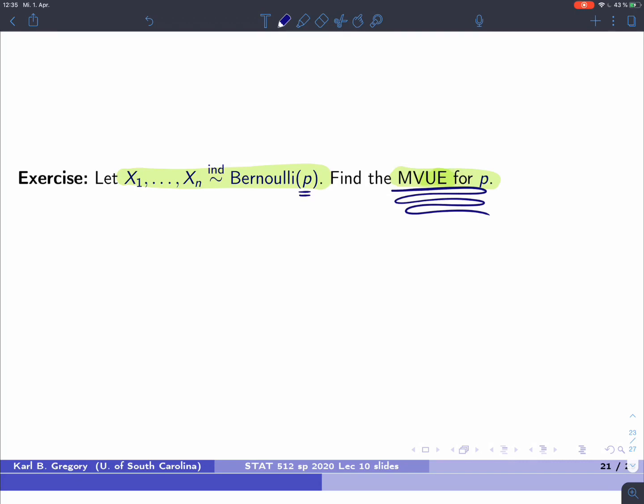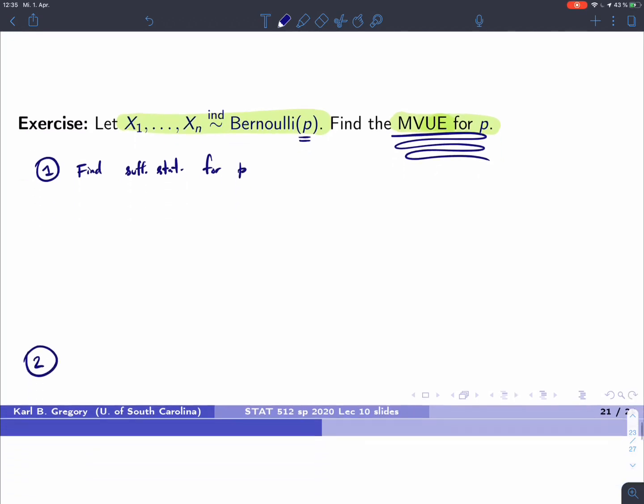Well, let's first identify a sufficient statistic. So step 1 is we want to find a sufficient statistic for p. And then step 2 will be find a function of the sufficient statistic which is unbiased for p.